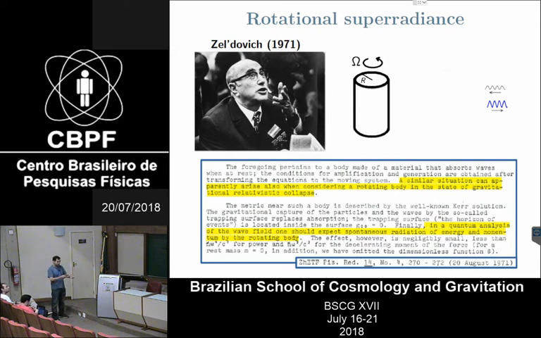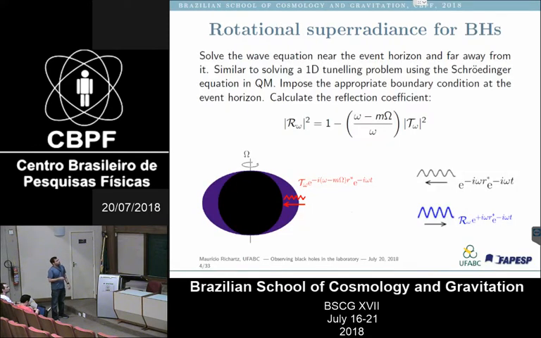Then other people, Misner, works of Penrose, Starobinsky as well, and other people have really shown this in more detail. So for black holes, you get basically the same behavior: an incident wave, a reflected wave, a transmitted wave.